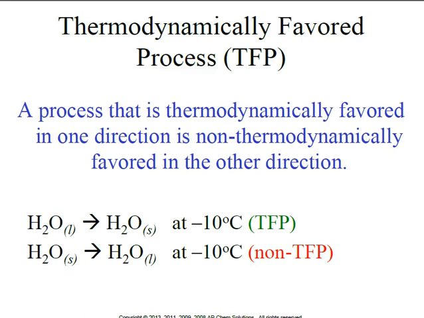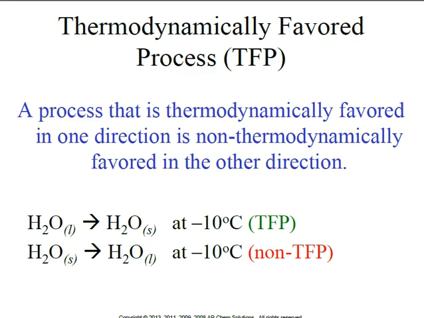If you have a process that is favored in one direction, then it must be non-favored in the reverse direction. For example, water liquid changing to water solid, also known as freezing. If you're at negative 10 degrees Celsius, that is a favored process. It will happen. However, water solid will not change into water liquid at that temperature.